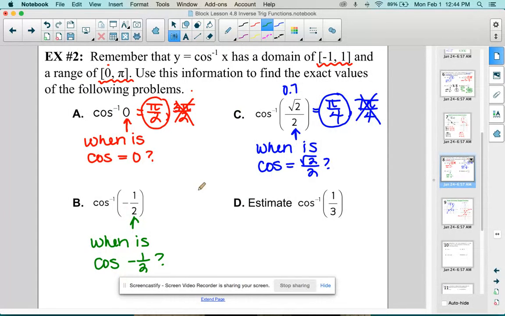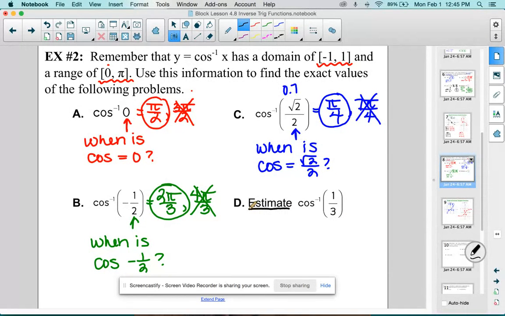So we have two answers, 2 pi/3, 4 pi/3. So then you've got to look at your range. We can only accept answers that are between 0 and pi. 2 pi/3 is between 0 and pi, but 4 pi/3 is not.